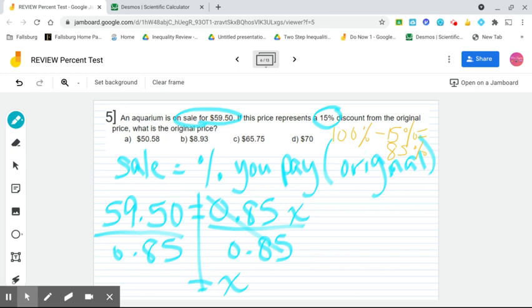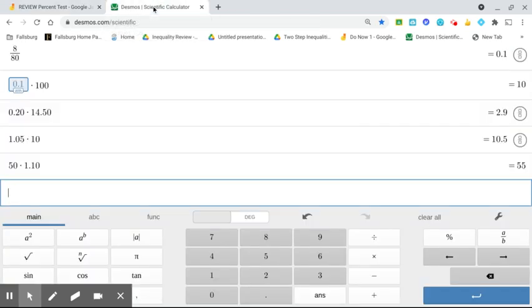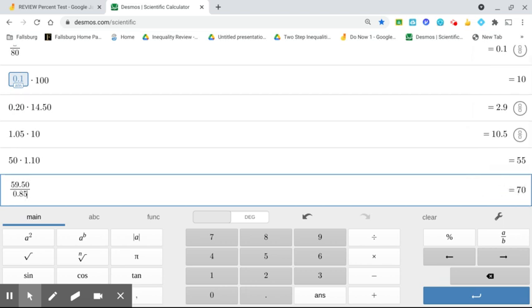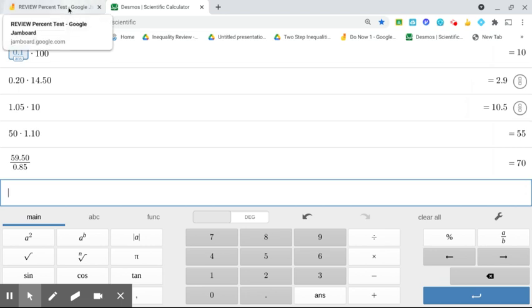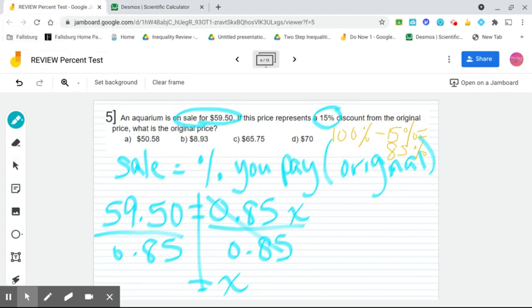So the 0.85s will cancel, and then I have to put this in my calculator. 59.50 divided by 0.85, which gets me 70. So that means my original price was $70. So a question like this, you have to be careful because the sale price is equal to the percent that you pay. So we got a 15% discount. We're really paying 85% times the original price.